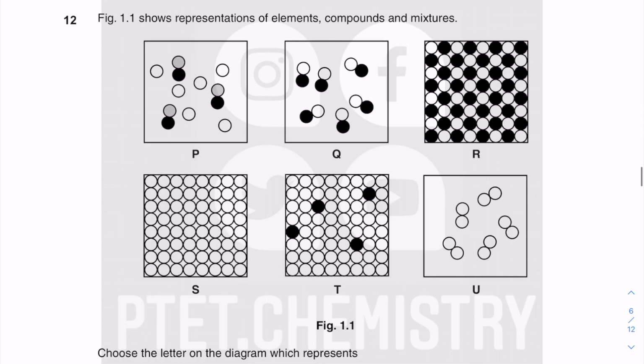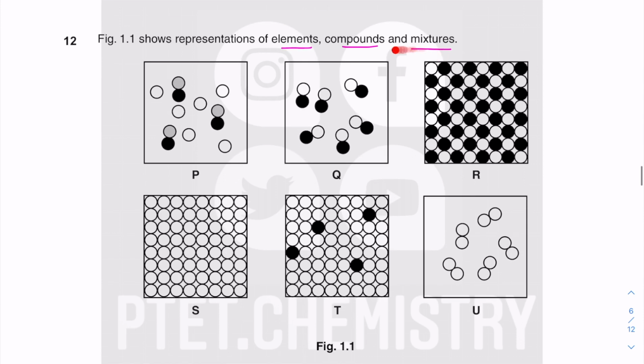Question 12 is about this kind of simple diagram representations of elements, compounds, and mixtures. So by knowing definitions, by knowing from your examples, by knowing where you went wrong, you should be able to get this correctly now. Okay, so each of these different colored things are different atoms. So here we can see this is atom.